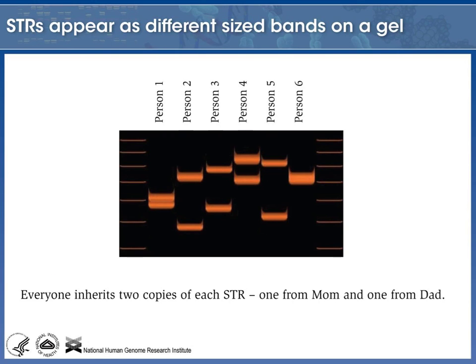Remember, every person inherits 2 copies, one from mom and one from dad. Mom and dad might have the same number of repeats, or different numbers. Dad might have 8, mom might have 13. Each of these different people up on top gets one from mom and one from dad.